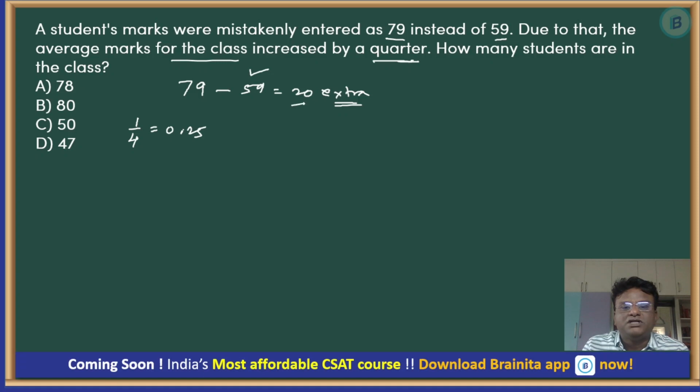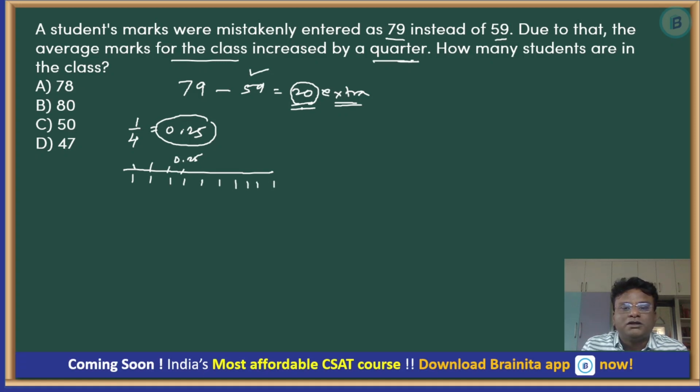So because of these 20 extra marks, because of the calculation error in the marks of one student, the average of the entire class went up by 0.25, right? And that means that these 20 extra marks got divided across the entire class, raising the average for each student by 0.25. Okay, so now we have to calculate the number of students in the class.